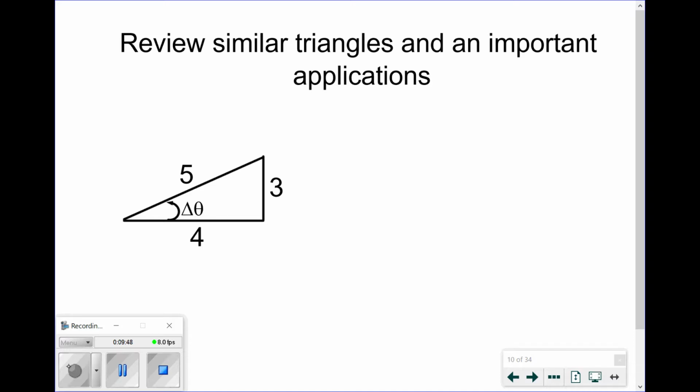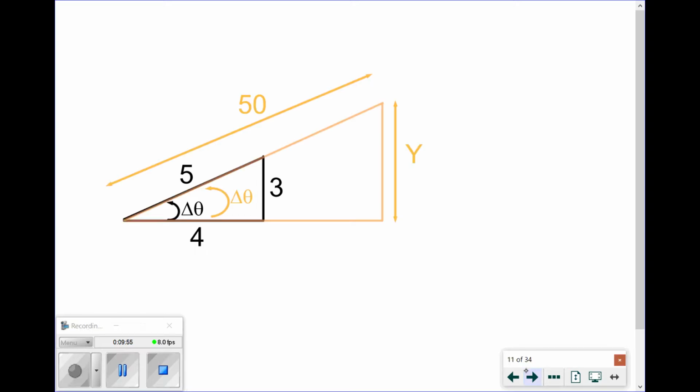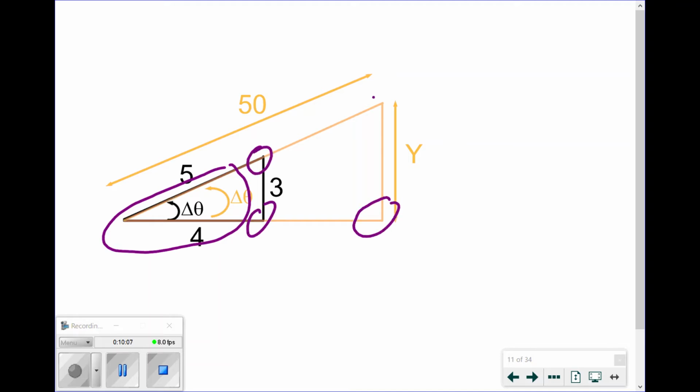But similar triangles lay down the foundation for other mathematical tools such as sine, cosine, and tangent. For example, if I had these two similar triangles, which means they share the same angle here at the base, and they also have the same angles at all the other corners, then their sides all have the same proportionalities.